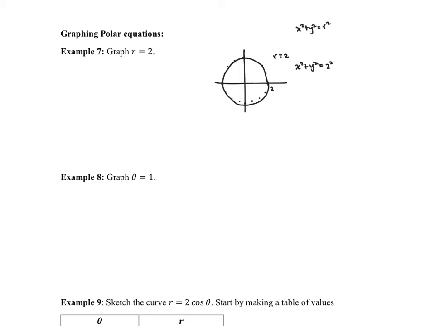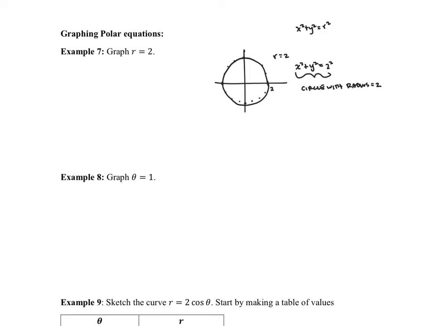That was from our pocketed identities, so to speak. So what is this equation? This is a circle with radius equal to 2.